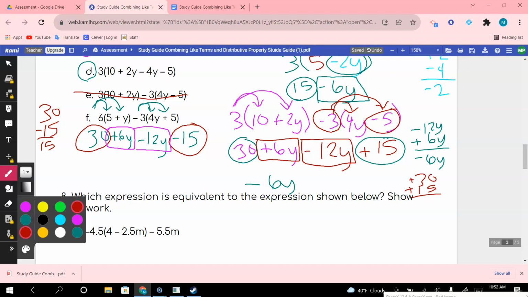And then we have positive 6 and negative 12, different signs, subtract, keep the sign of the greater absolute value. So negative 6y plus 15, which was equivalent to the simplest form. That's why it's great to find the simplest form first, because it helped us with all of the other ones. So that one would be equivalent as well.